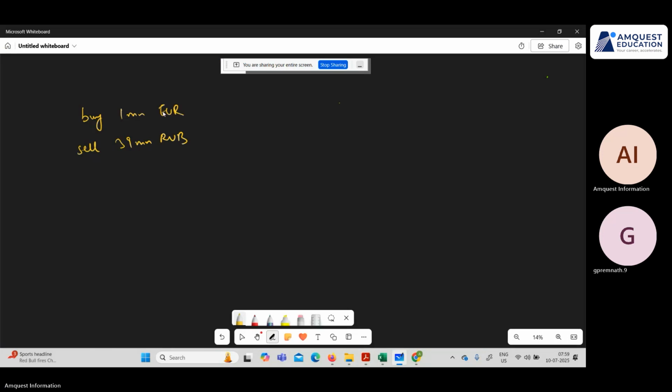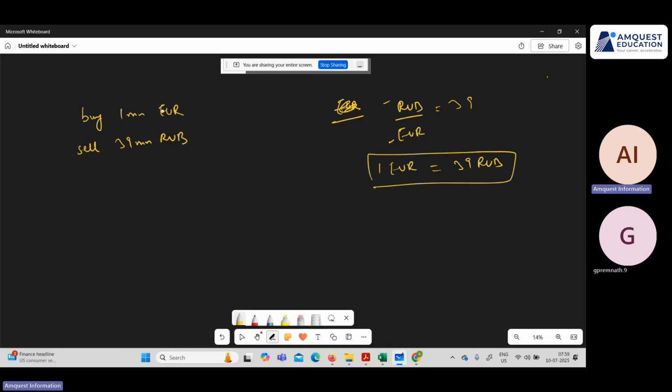Because if RUB by EUR is 39, so can I say 1 EUR equals 39 RUB? This is the base currency, this is the price currency, okay? So can I say that 1 million euro will have 39 million RUB? Yeah.